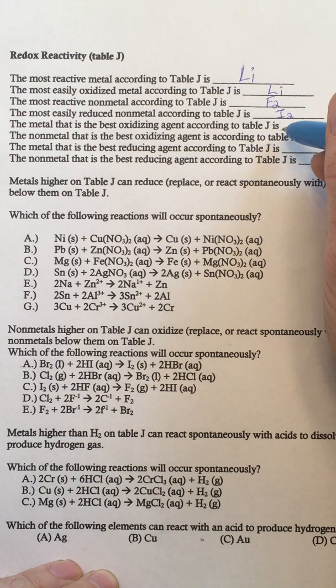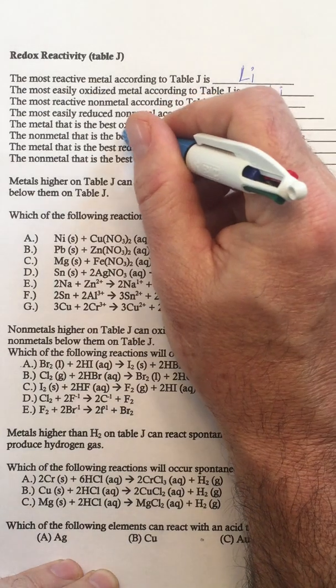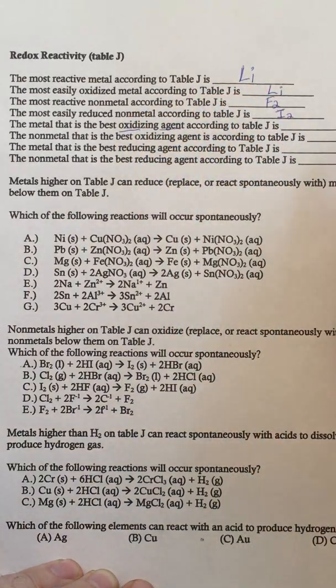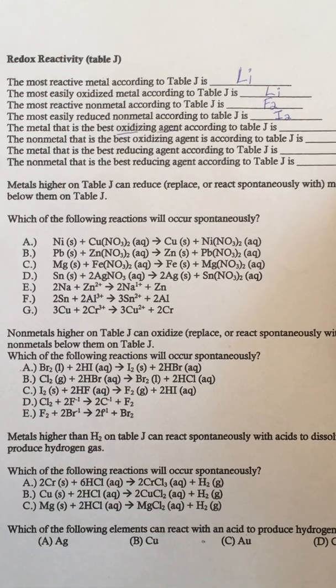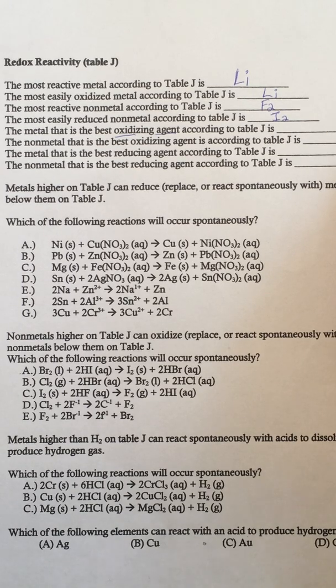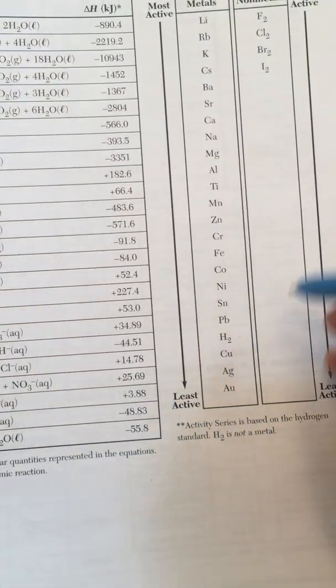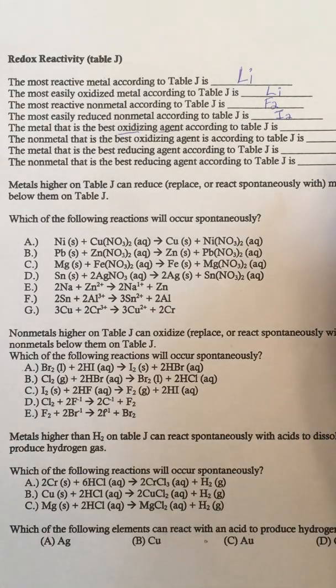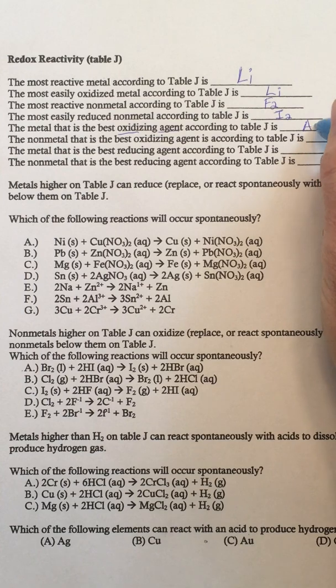The metal that is the best oxidizing agent, that's a good review for you. An oxidizing agent is the thing that gets reduced. The best oxidizing agent is the thing that is going to reduce the most, and that would be down at the very bottom, and that is gold, Au.